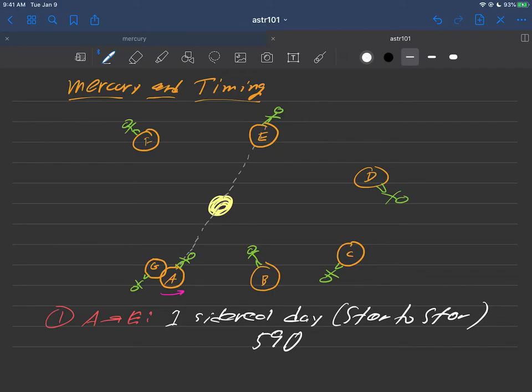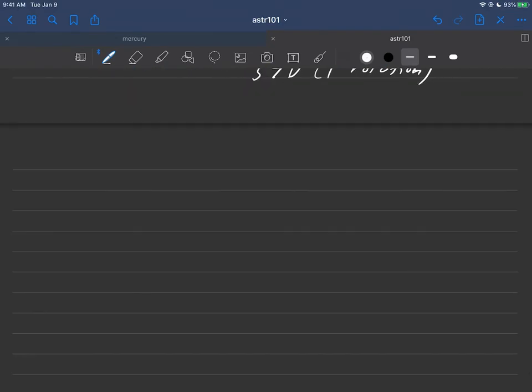And also, in addition to the 59 days, this is one full rotation too, right? Because the little green person is in the same position like that. So all the way around, that is one rotation.